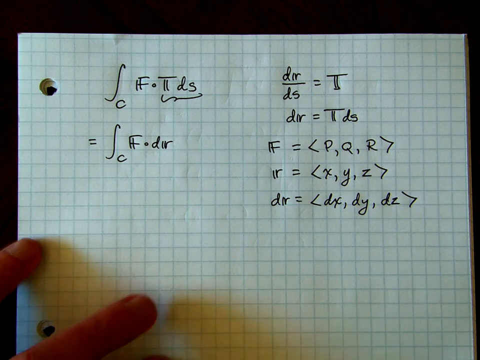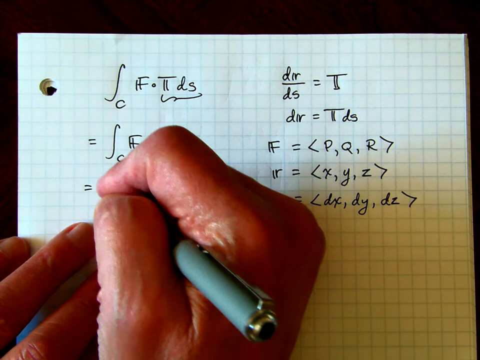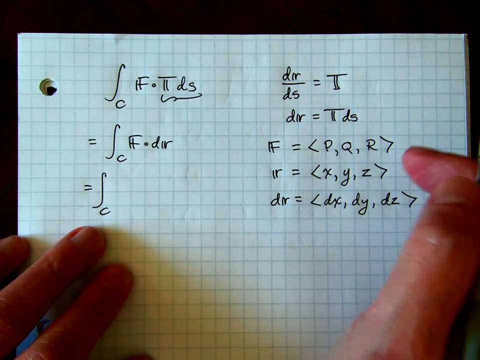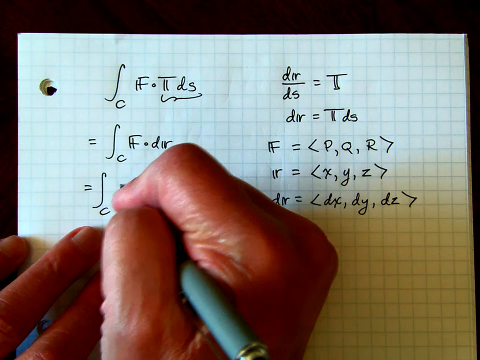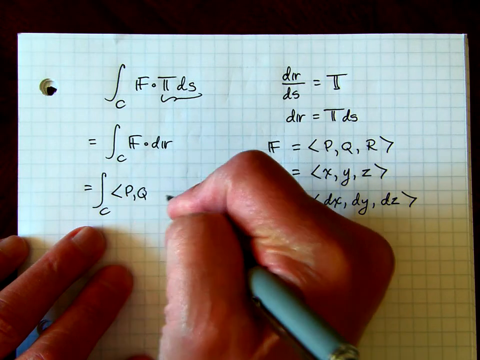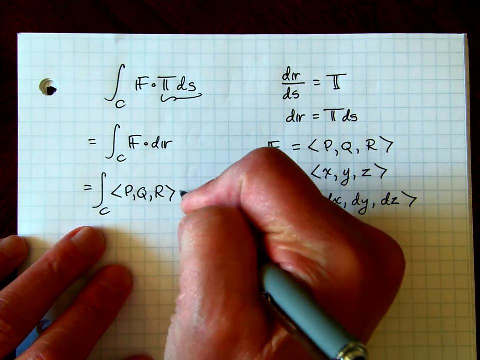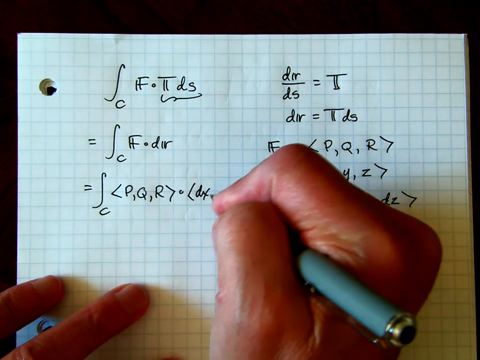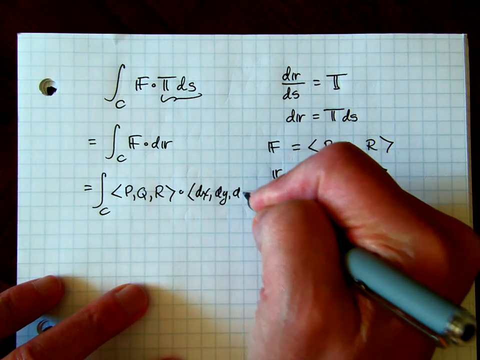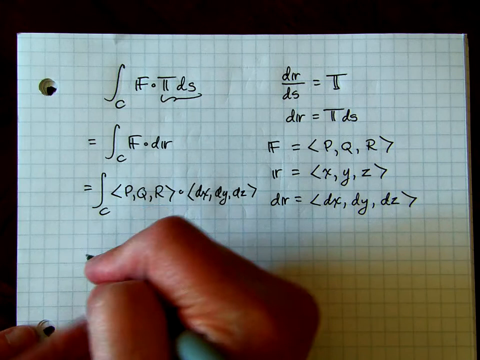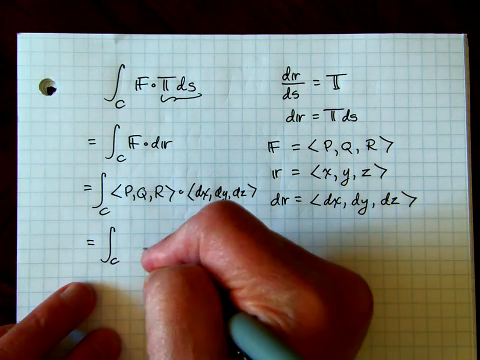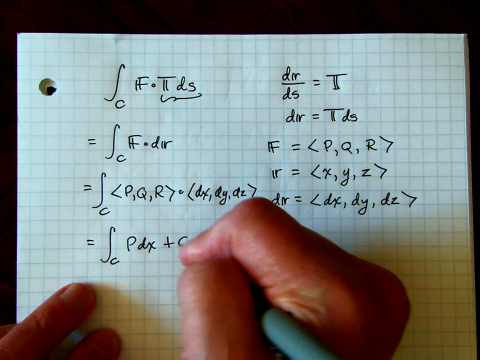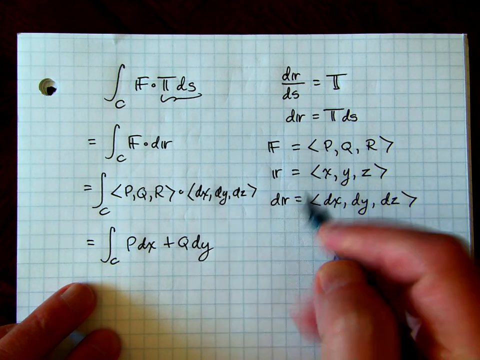So what happens? You come over here and you substitute. The name of the game in evaluating line integrals is substitution. Here is P, Q, R, dot product, dx, dy, dz.